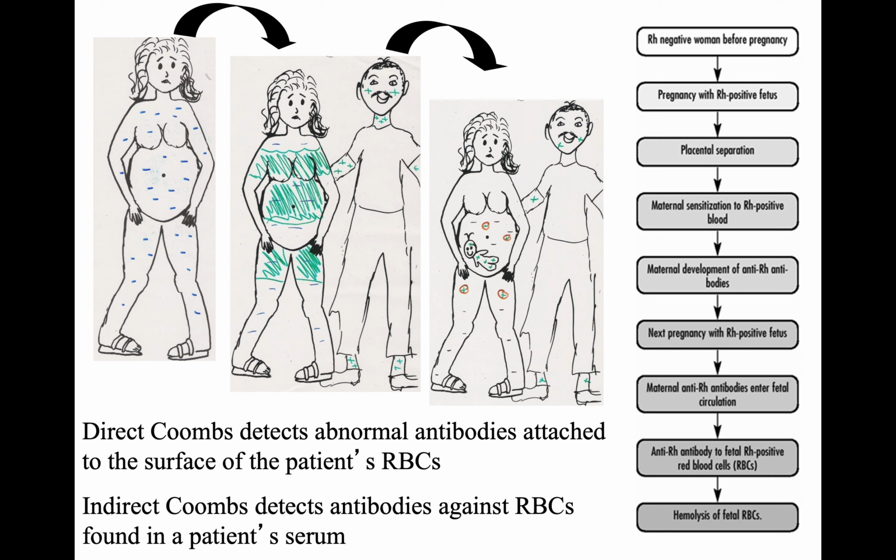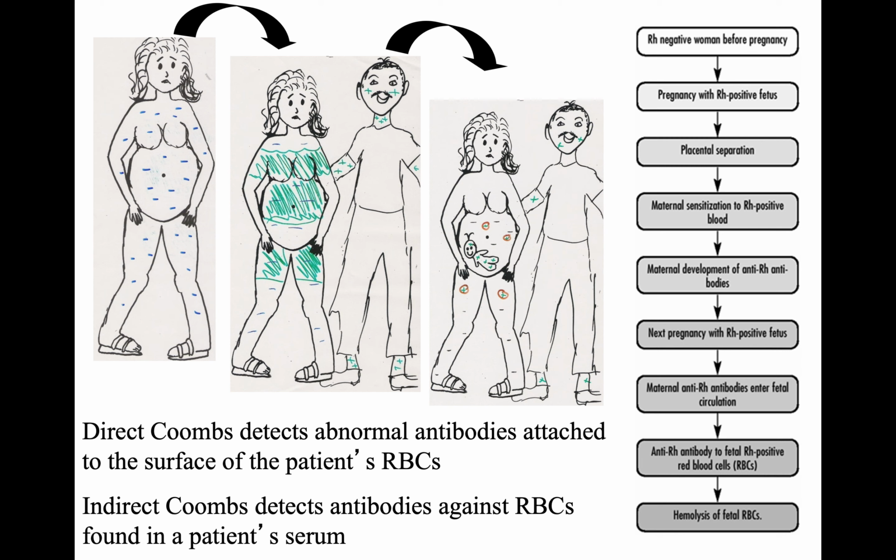It has both anti-A and anti-B antibodies in the plasma. I'm going to say it again. Type O has no antigens on the red blood cell, but it has both anti-A and anti-B antibodies in the plasma. So it has the potential to destroy type A, B, and AB blood.